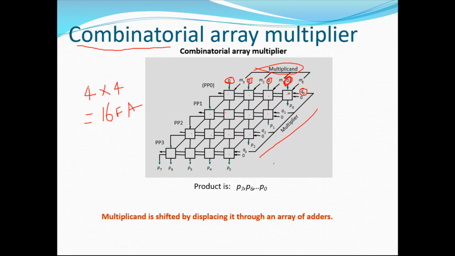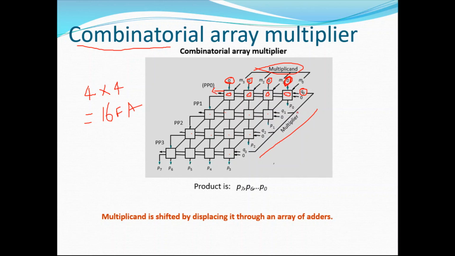Now you get one value. Similarly, Q0 will be multiplied with M1, and that result will be added with the next bit of the partial product. Then Q0 with M2 will be added with the next bit, and Q0 with M3 will be added with the next bit of the partial product. Once this is done, you get one set of partial products, the first level of partial product.